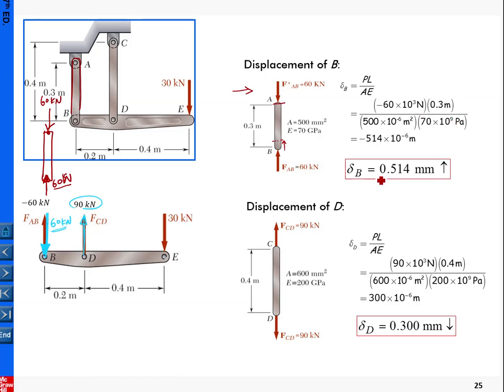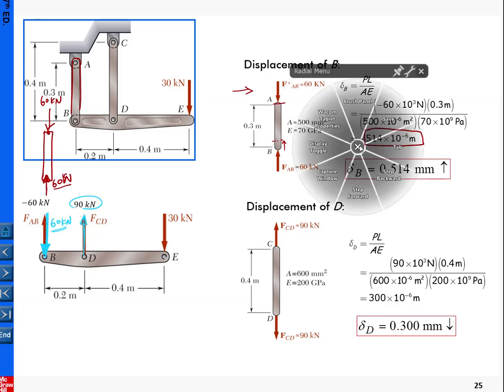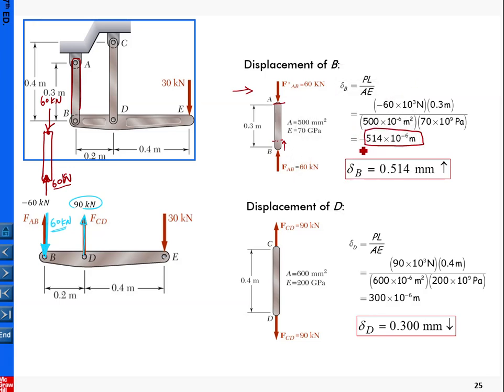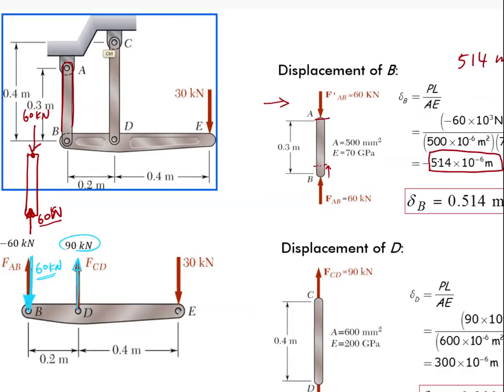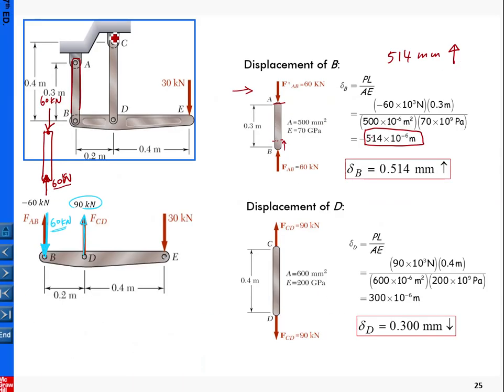So for delta B you can determine the magnitude, and because it is moving upward, the authors of the textbook simply add a minus here. Otherwise, you can say this calculation is 1.514 millimeters, and you simply use the sign to indicate that it is moving upward. And then displacement D.